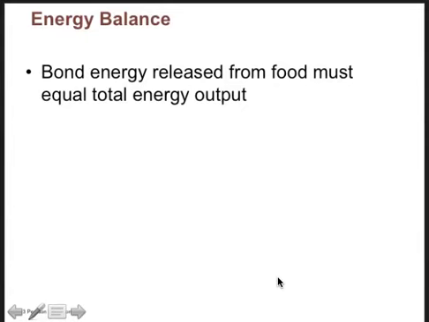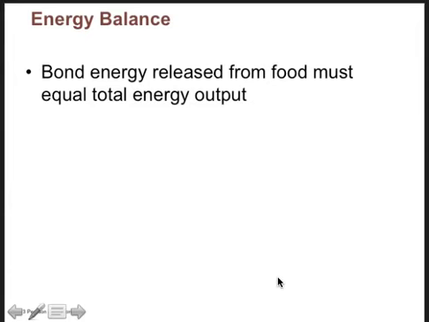Okay, where does the energy come from in the food we eat? Well, it comes from the chemical bonds that are contained in those molecules. And the money bond in biological systems is the carbon-hydrogen bond. So essentially, the more carbon-hydrogen bonds you have in a particular molecule, the higher the calorie content is going to be.